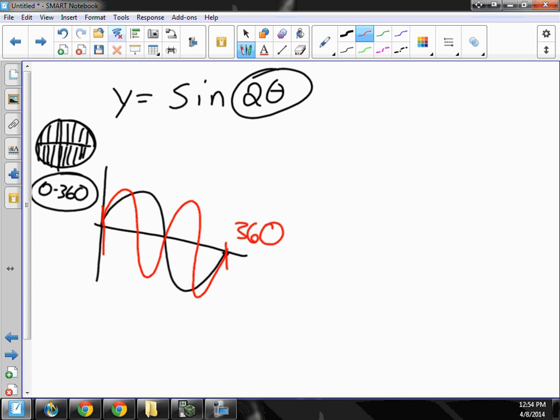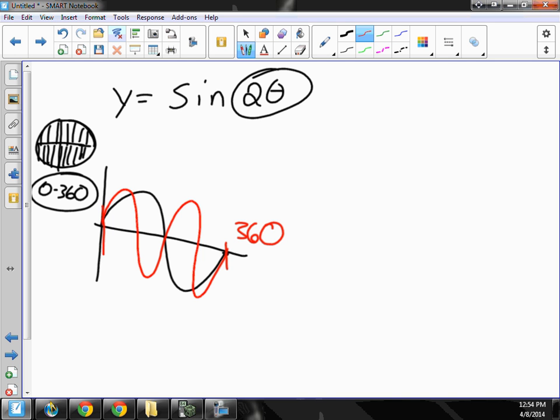Because I put in a range of 360 degrees, but I doubled that, so my output was actually 720 degrees. So what that does is it smashes 720 degrees down to 360, so we have a double cycle. So when you multiply an angle, if you multiply theta by a number, you actually shrink the period. We cut the period in half.